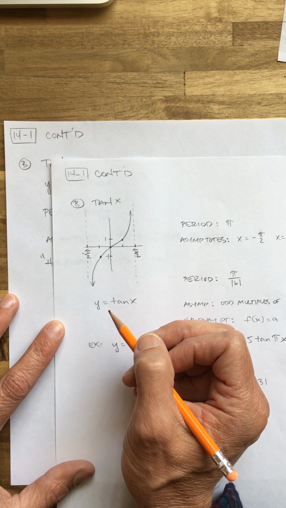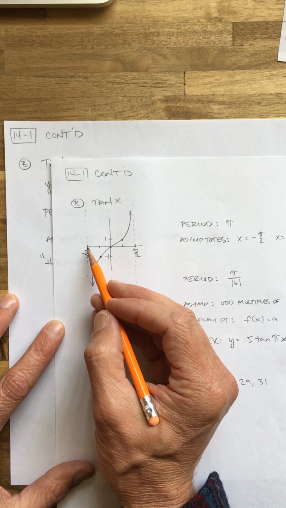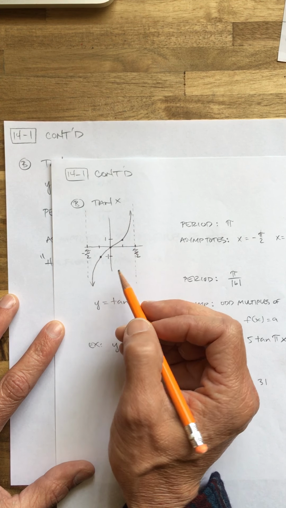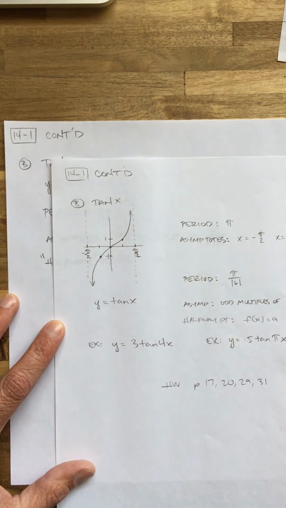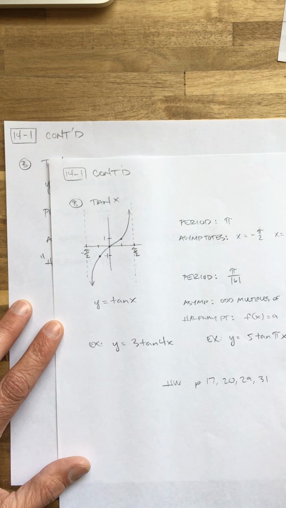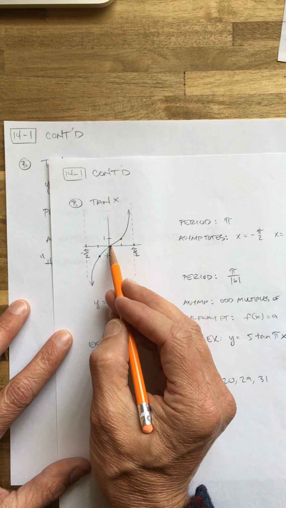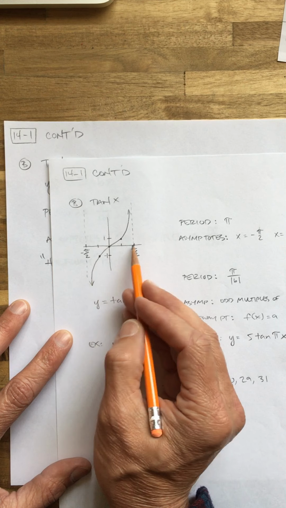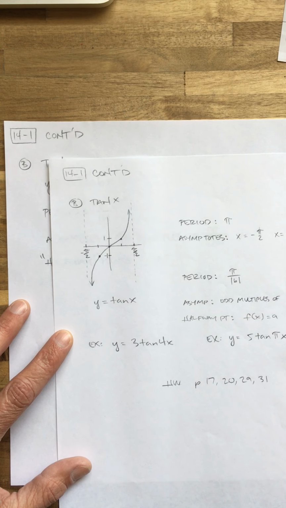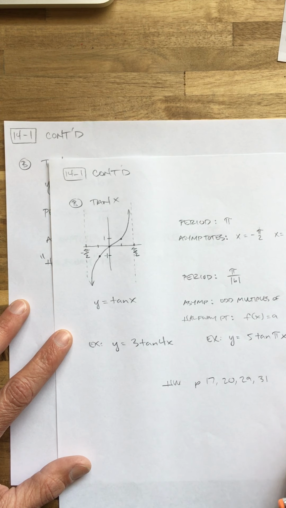It's 2, isn't it? So the distance between negative pi over 2 to pi over 2 is pi, okay? Again, if you're having trouble counting that, please come to office hours. The distance here is half of a pi. The distance here is half of a pi. 2 halves of a pi makes a whole pi, buddy. So that's why we have a period of pi, okay?